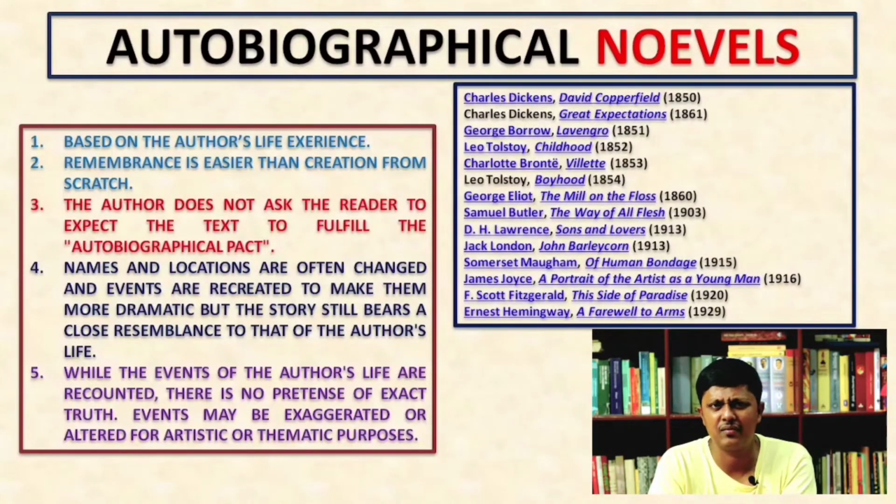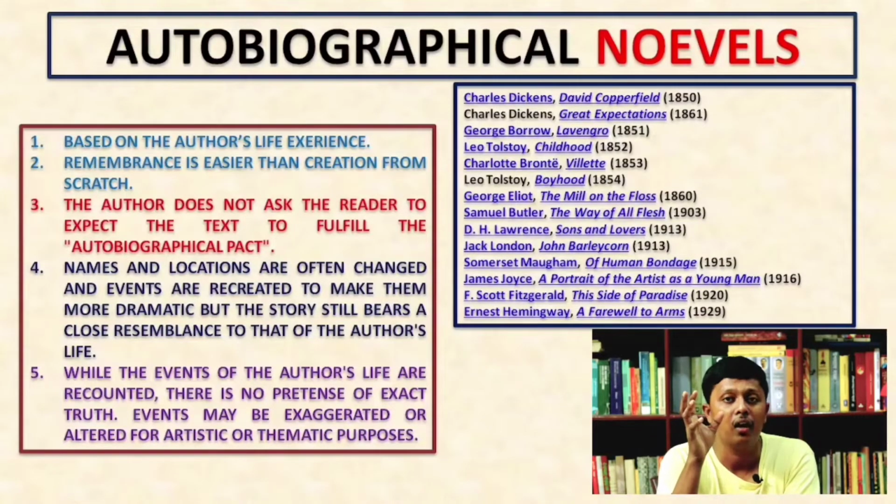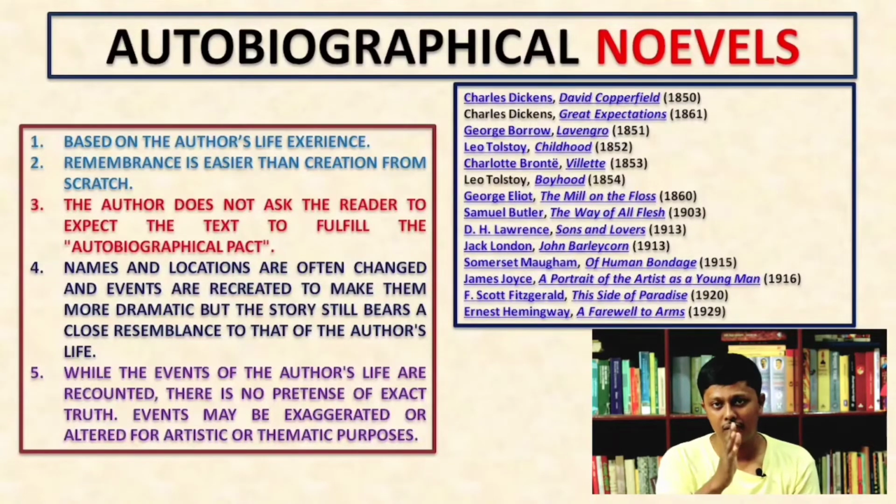I have collected these from Wikipedia, and the publication dates are also mentioned on the right side. So from Dickens's David Copperfield and Great Expectations to Ernest Hemingway's A Farewell to Arms, you can find a lot more examples on the internet in various other sources. So this is basically an autobiographical novel. On the left side, you have the characteristic features. On the right side, you have the examples.